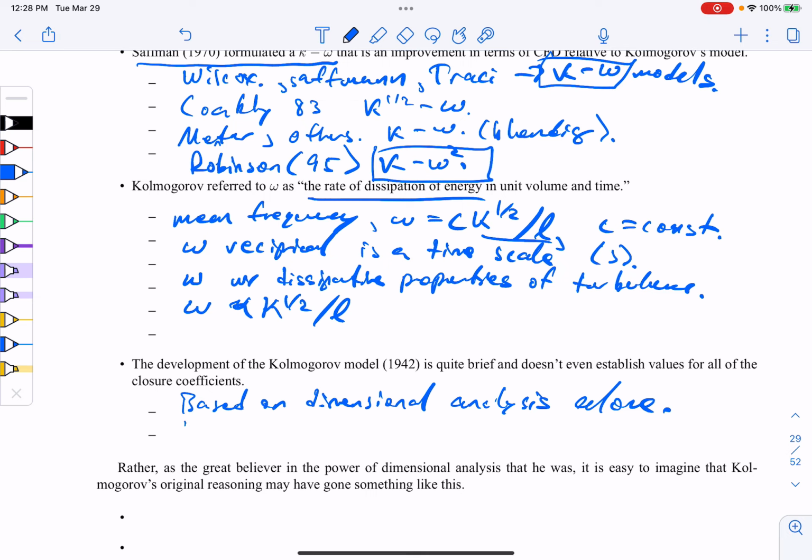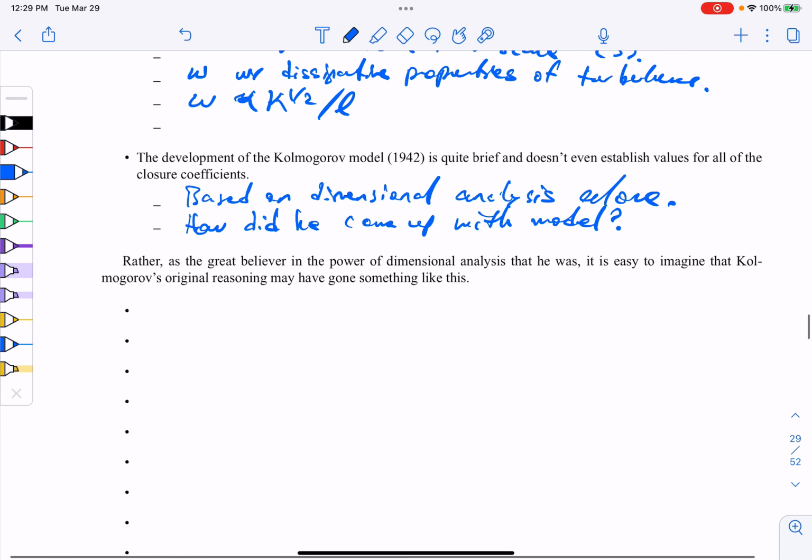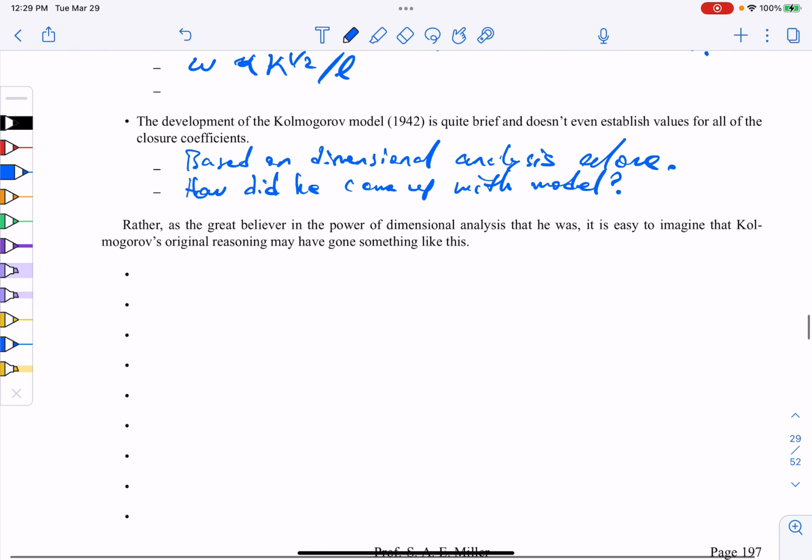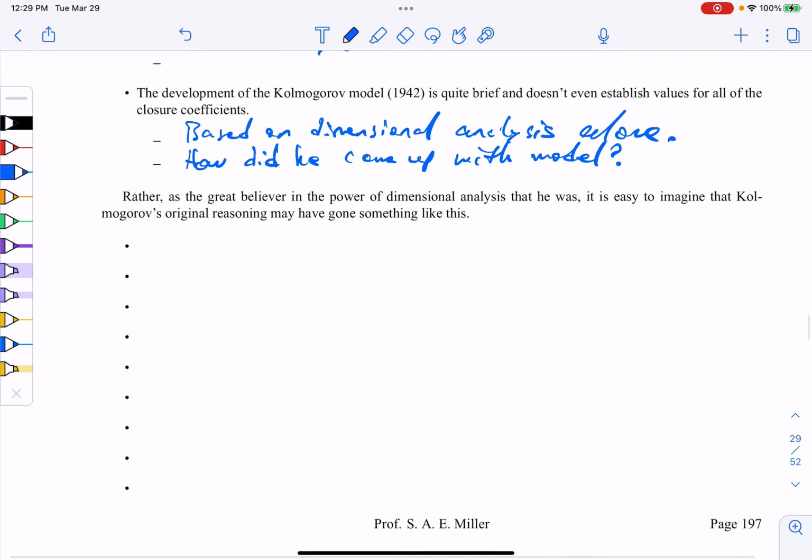So a lot of people wonder today, how did he come up with the model? That's a topic of much discussion, even today. So let's talk about maybe his line of thinking. It might be seen that k already appears in one equation, so it's very useful.